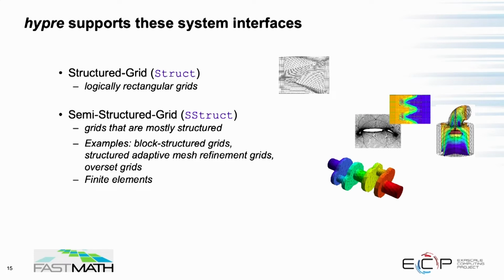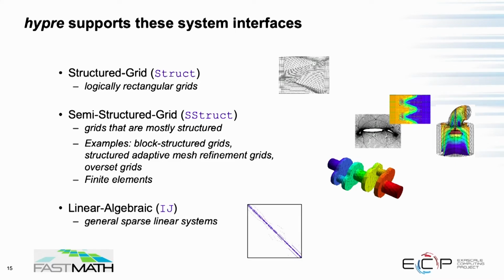Some examples of when this is used are if you have a block structured grid, or you're using maybe AMReX structured adaptive mesh refinement grids, and even finite element problems. And then we have just the classical version, IJ, where you're just setting up your matrix by rows and columns. The IJ interface is probably the most widely used.